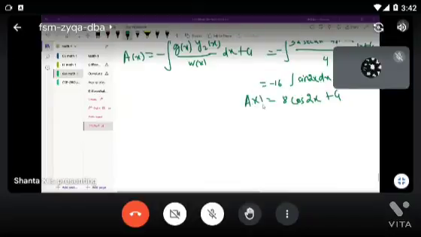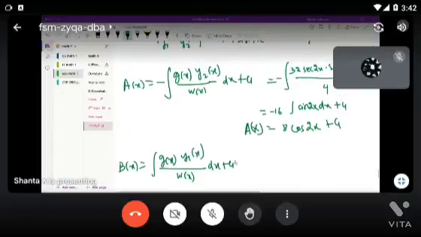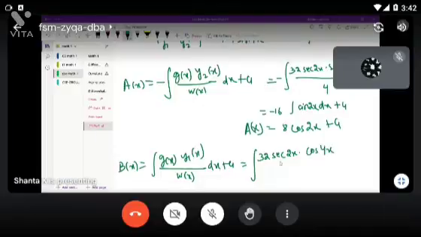In the same way you can get B(x) by using the formula. So it will be 32 sec 2x into cos 4x, divided by 4, dx plus c2. So just tell me the answer.